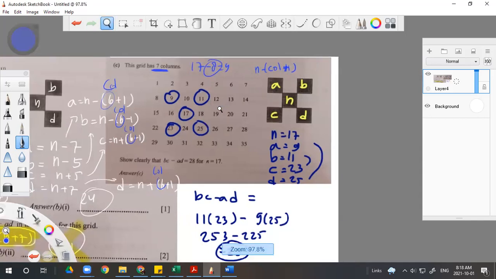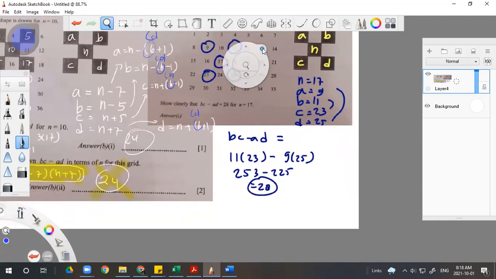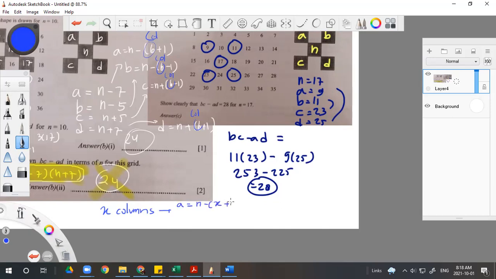So we know the main rule: for x columns, since n is already used up, the formula of A, the top left, will be n minus column plus 1.